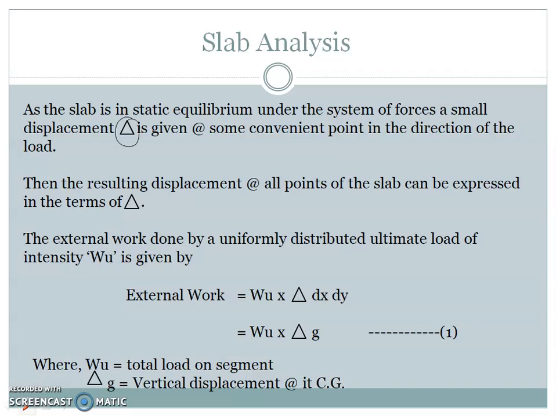So displacement will be in both the directions dx and dy. So delta is the displacement, so we write it as Wu into delta dx dy. Okay, it will be very, very small, so we are writing it as dx dy. So this same integral can be written as Wu into delta g, where delta g is basically the vertical displacement at its CG, that is the center of gravity of the segment, and Wu is the total load on the segment.